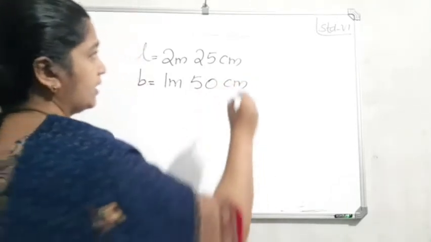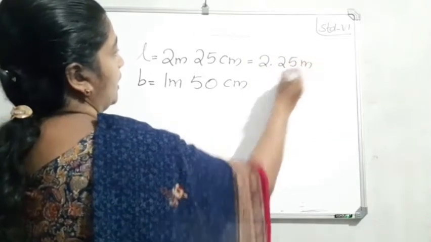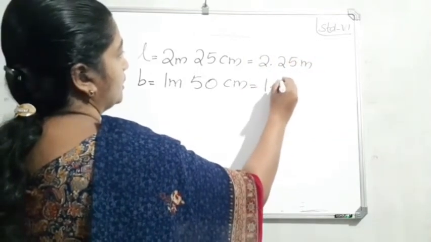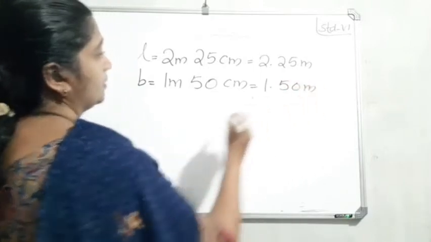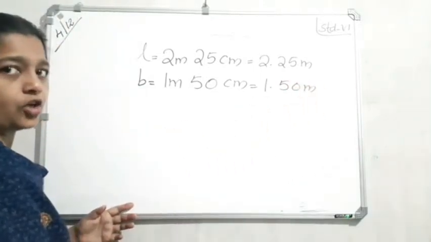So we can write 2.25 meter and here also 1.50 meter. What is the perimeter of the tabletop?